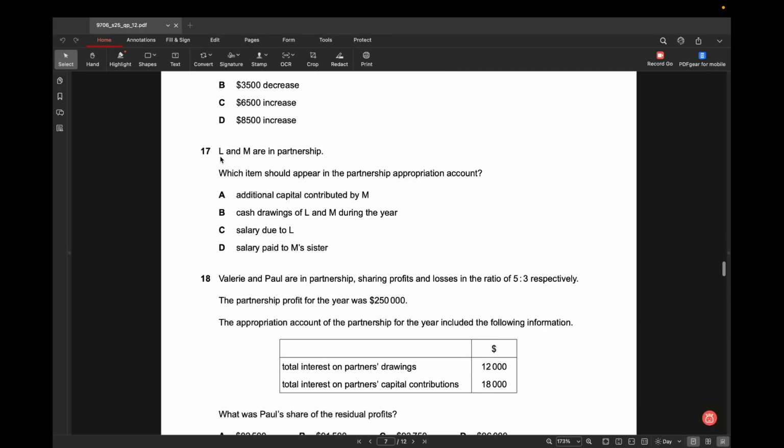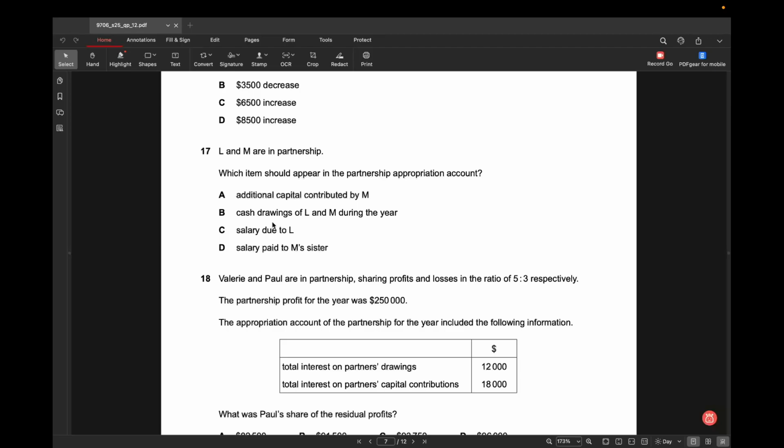17. L and M are in partnership. Which item should appear in the partnership appropriation account? So when we prepare the appropriation account, what do we write? First one, additional capital contributed by M. This will be written in the capital account, not in the appropriation account.